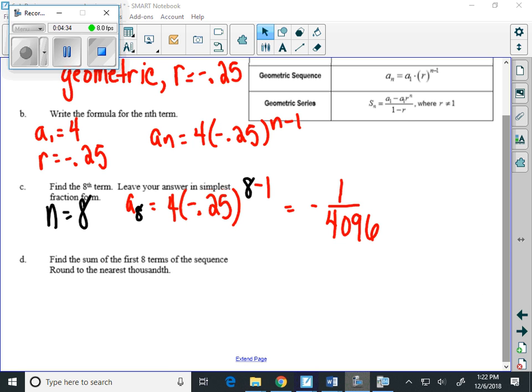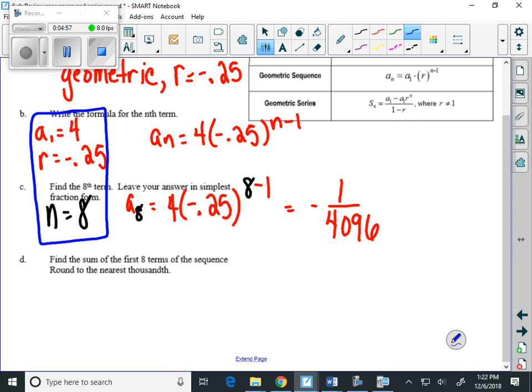The last part of this problem, we need to figure out the sum of the first 8 terms. So we're going to be using the last formula that's listed in our chart. And we know everything that we need to know from right here.